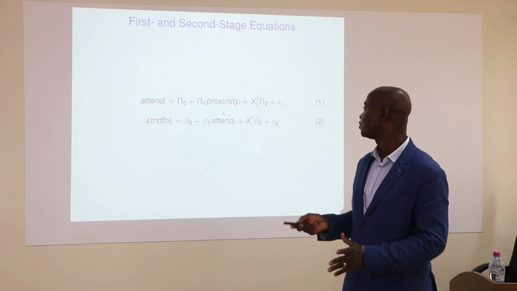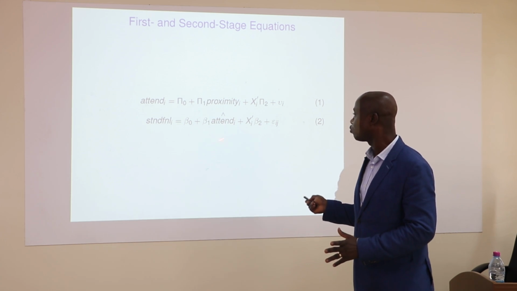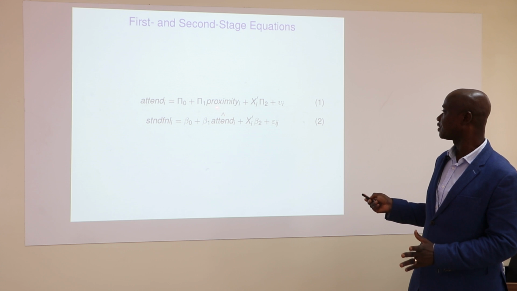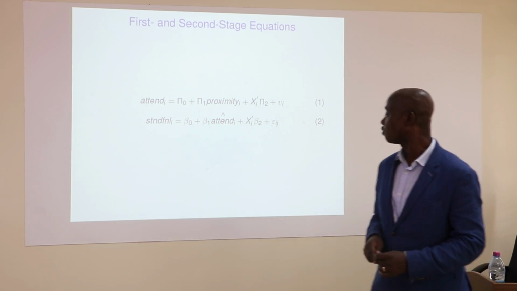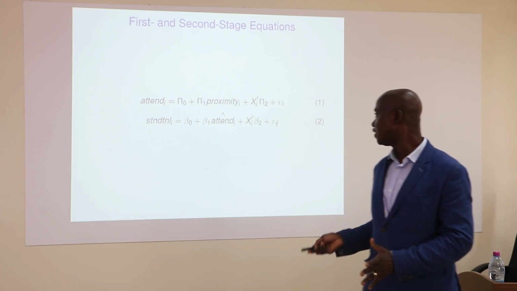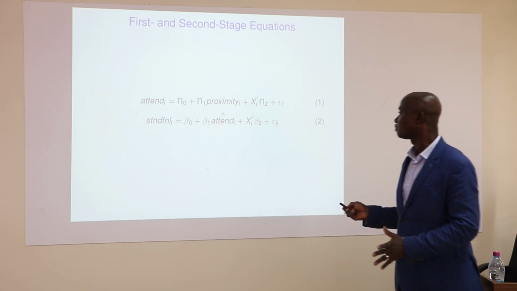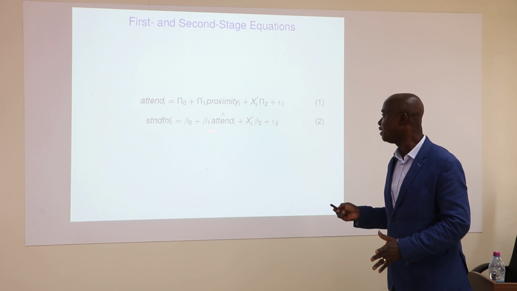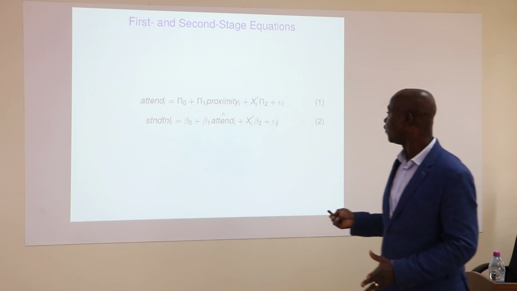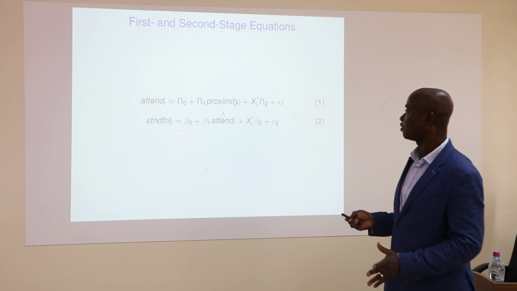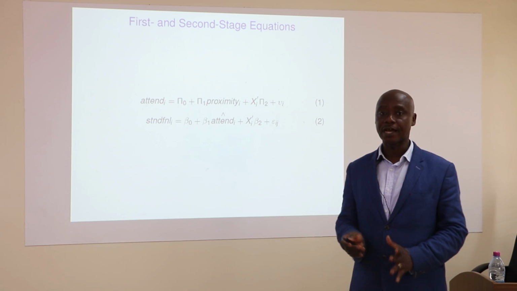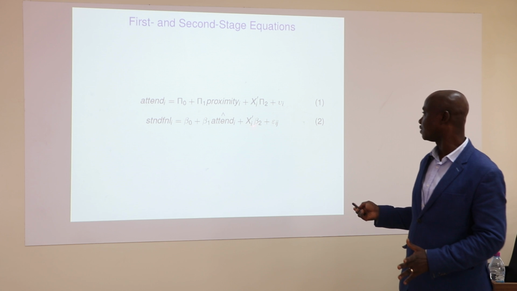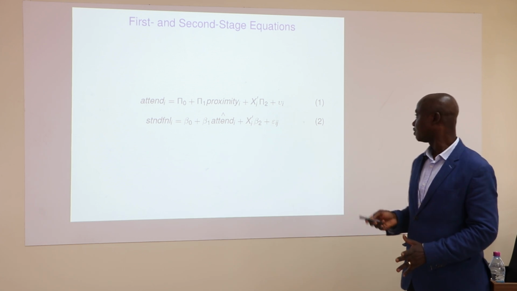That part is used to estimate the structural equation of the effect of attendance on the standardized final exam score. The parameter of interest is beta 1, which measures the marginal impact of a unit increase in attendance on the standardized final exam score. The other control variables are captured in vector X here.